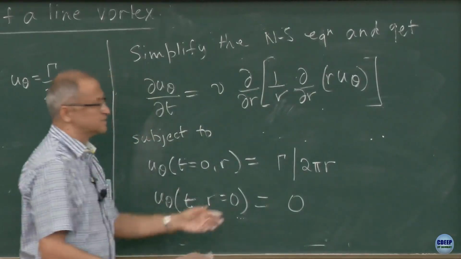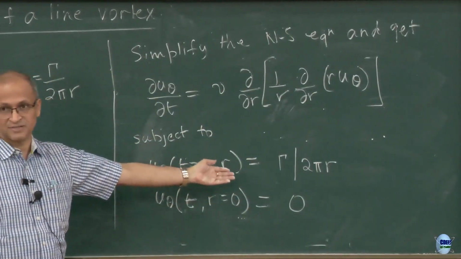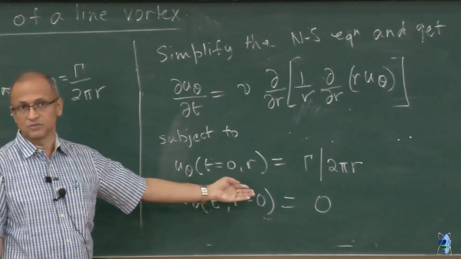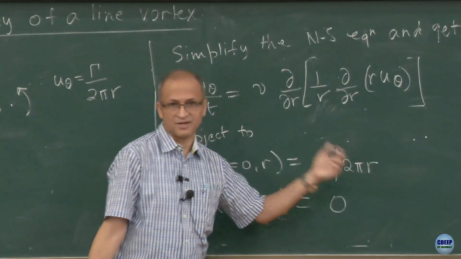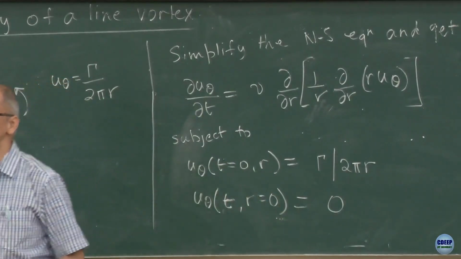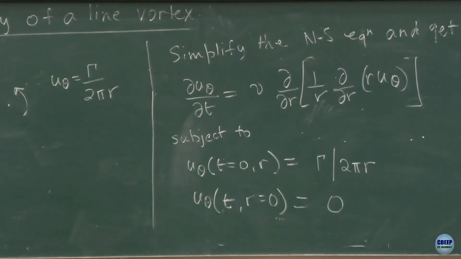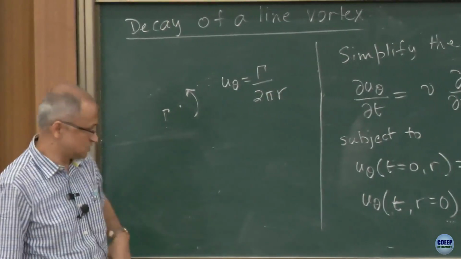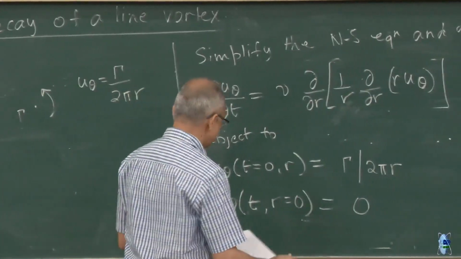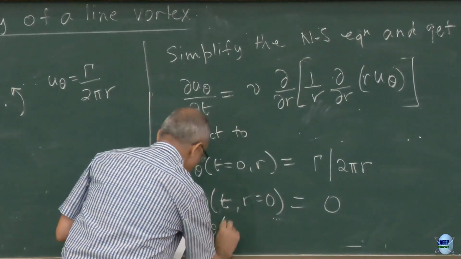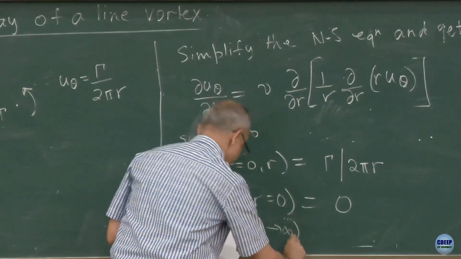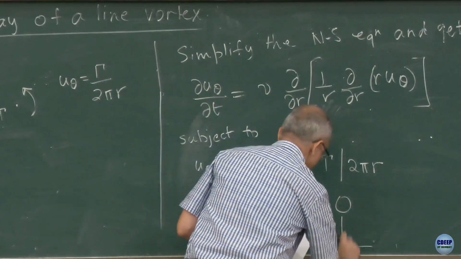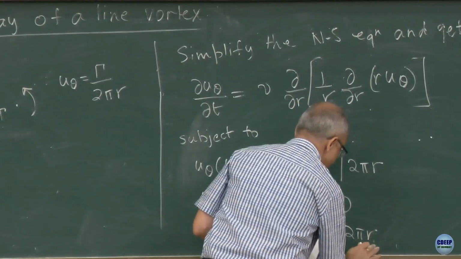In some sense, earlier it was infinity. We have already seen why: there is a singularity at r is equal to 0, where this function grows unbounded as r tends to 0. But now we are saying it has stopped, and velocity has become 0 here. And then u theta at r tends to infinity, for all times t, is still gamma upon 2 pi r.